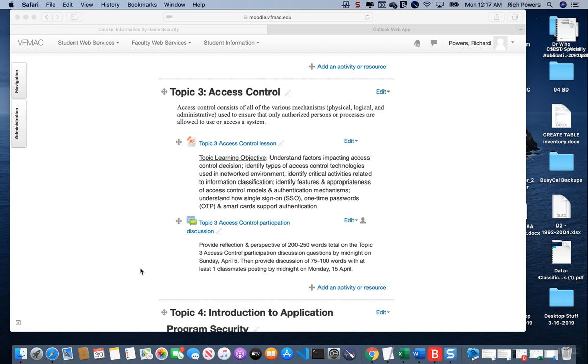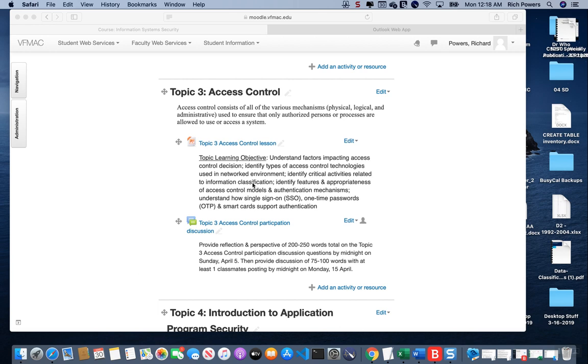That's one of the most commonly used forms of access control, but it's not the only one. These mechanisms take a lot of different forms: physical, logical, administrative, and the combination of all of these together makes up what we refer to as the access control mechanism.